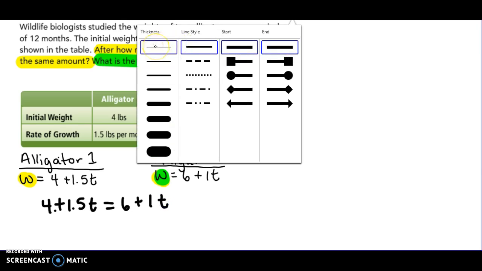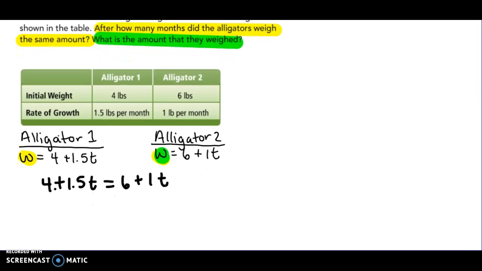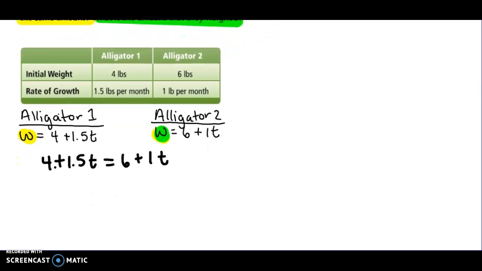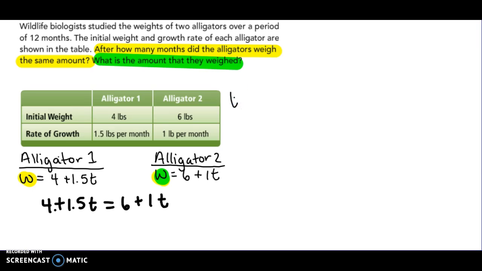And by doing so, we can solve this equation for t. And t, remember, t represents the time or our rate.